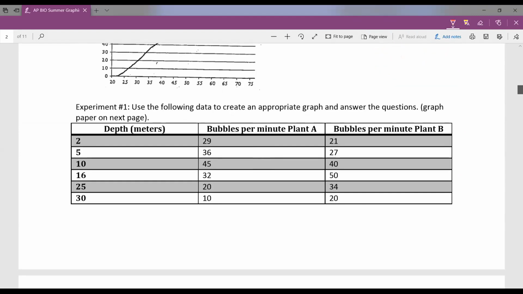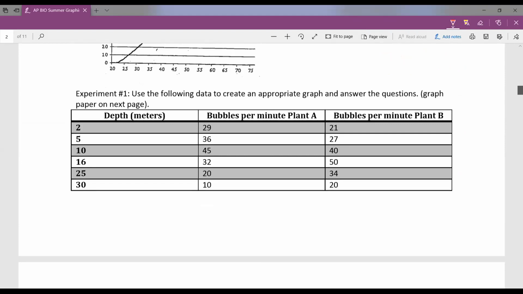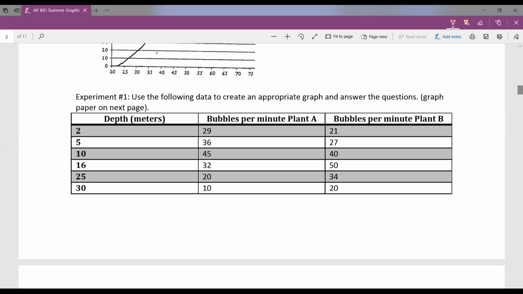Okay, experiment number 1, use the following data to create an appropriate graph and answer the questions. So what kind of graph do you think that data would take? What did you say, Josh?